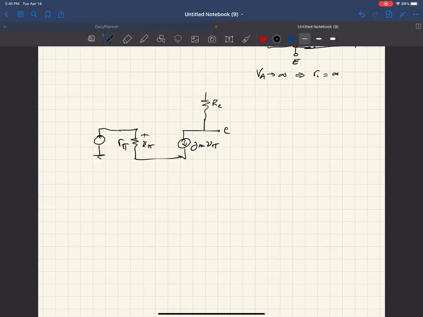Because this is a small signal, we're already assuming the base emitter junction is forward biased, so we're just putting the voltage source for the small signal from the microphone, say, in this particular case. And the emitter is grounded.